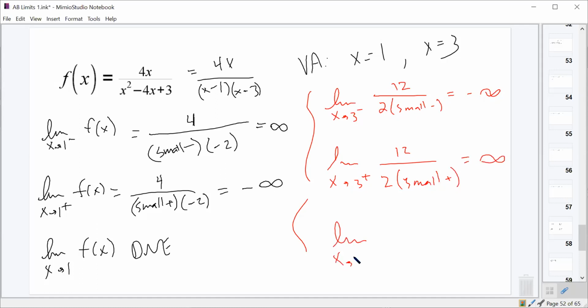And this limit as x approaches 3 also does not exist. I don't know why I forgot to write my f of x's in there for each of those. But we could confirm this if we wanted to, just by looking at our graph real quickly.